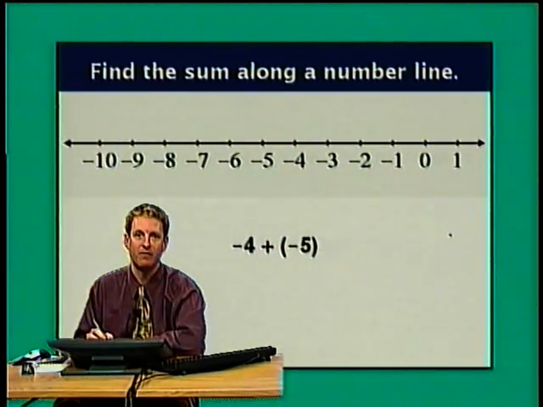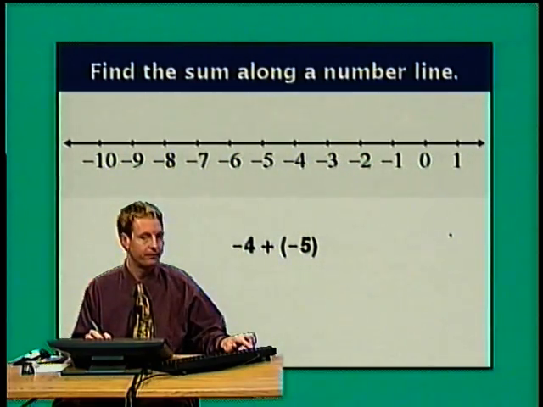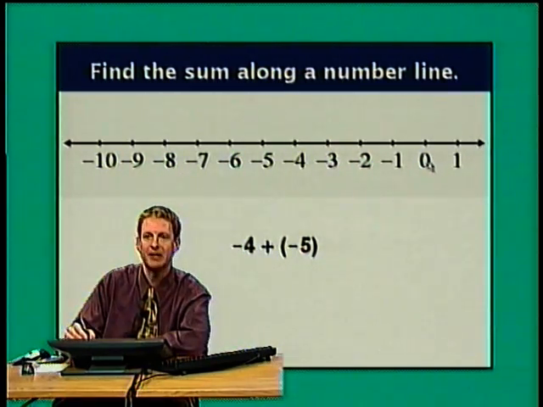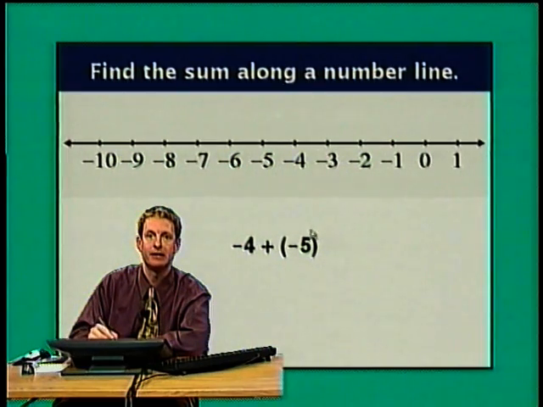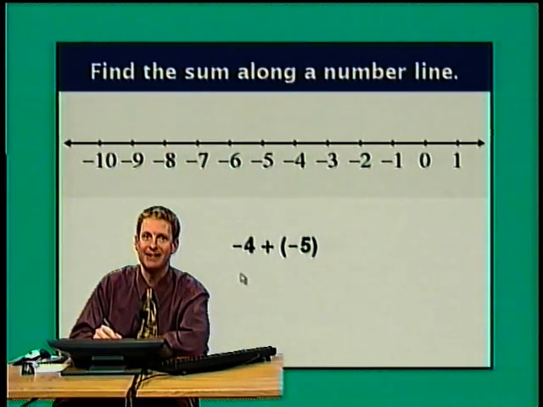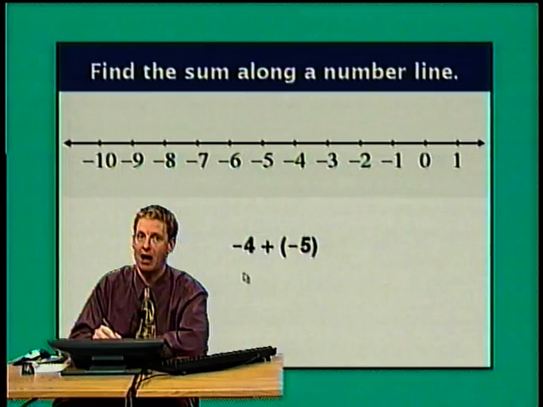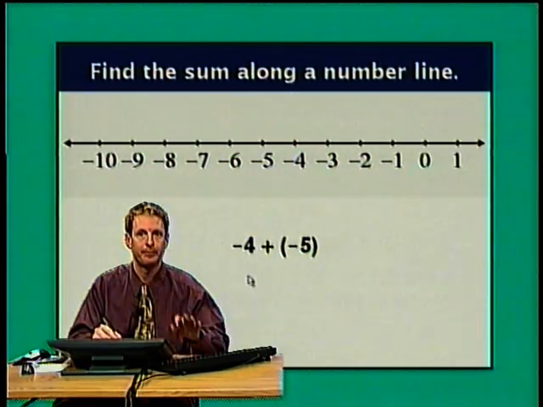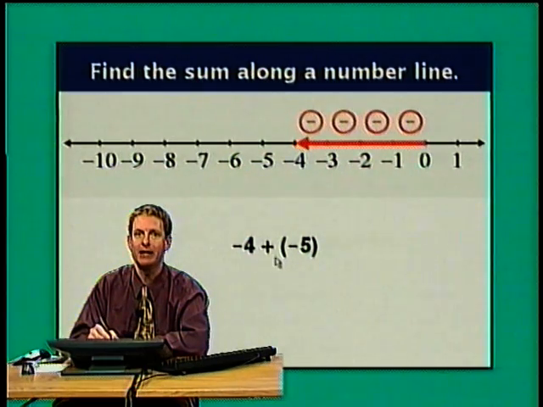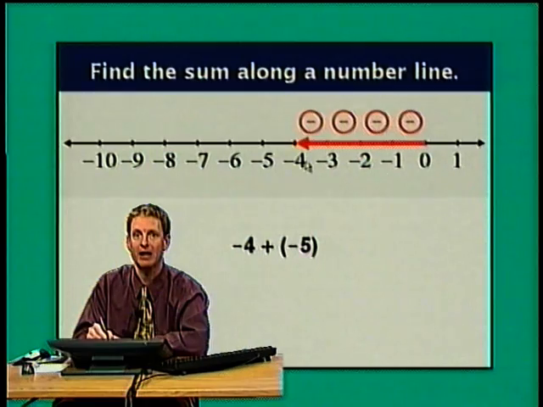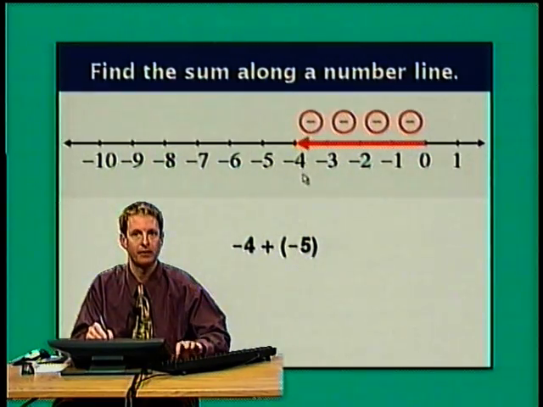How about -4 plus -5? It's a new sum, so I'm going to start at 0 again. Since -4 is negative, I'm going to move left. How far? 4 units. That's the absolute value of -4. I'm adding -5. So picking up at -4, I want to move left 5 more units.